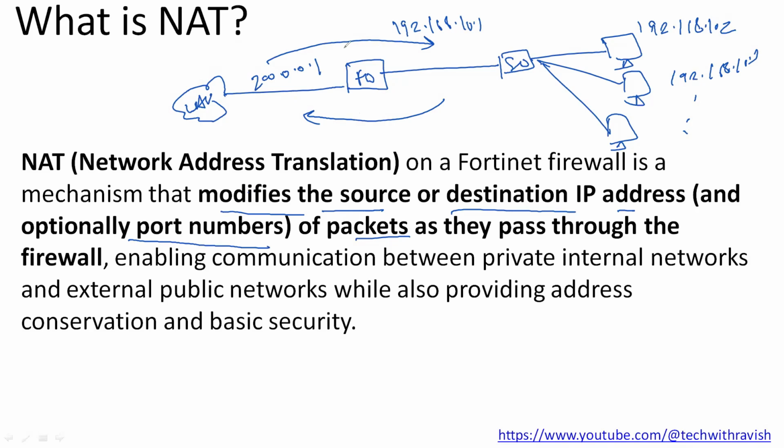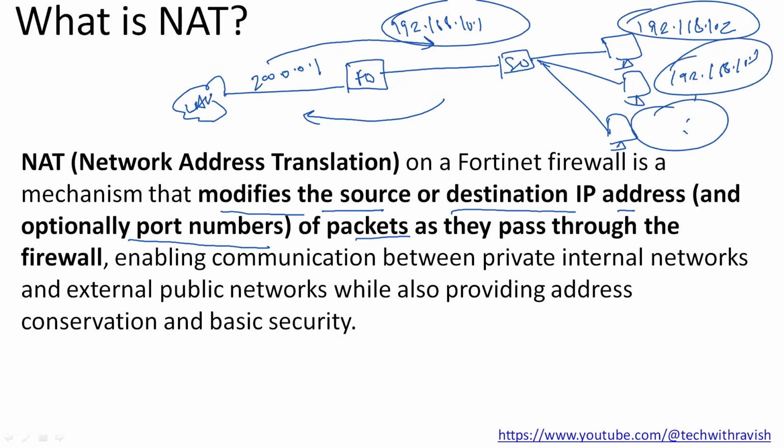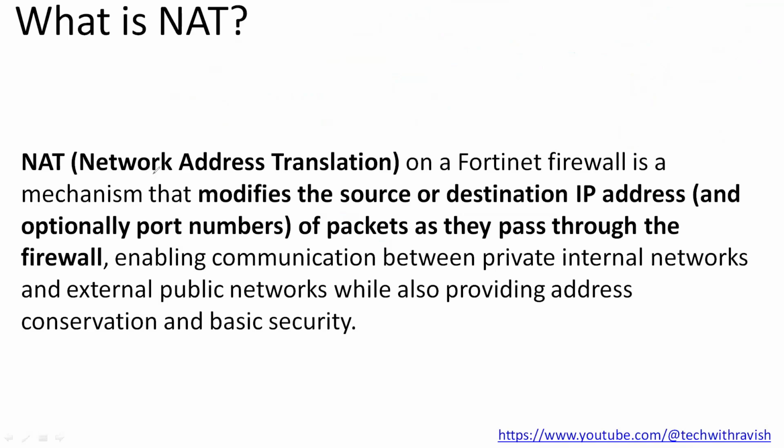So globally, my IP address will not be seen as 192.168.10.1, 10.2, 10.3, but it will be seen as 200.0.0.1 on the public network. On the internet, my IP address will be seen as 200.0.0.1, but internally my IP addresses are 192.168.10.x and so on. This is what is done by network address translation, and that translation is done by the firewall; a router can also do it.